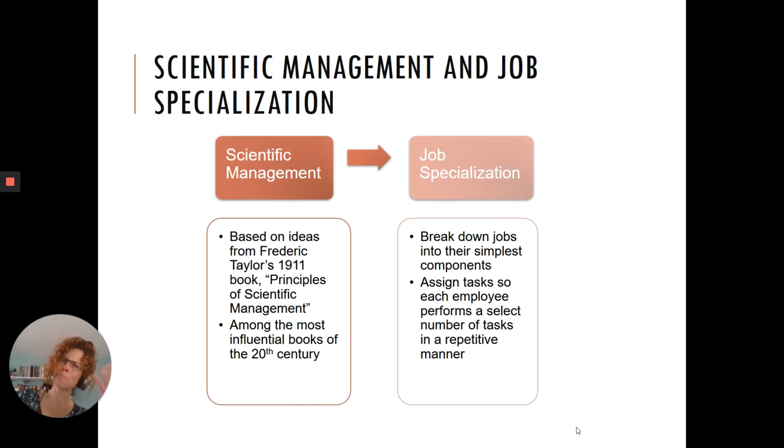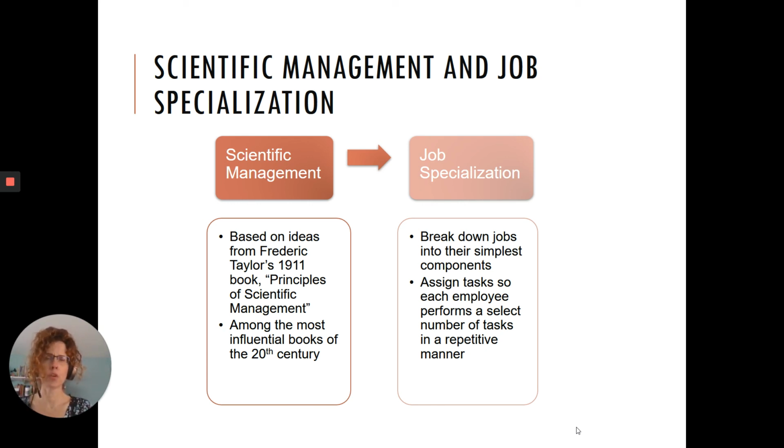So let's do a little walk back in history to something called scientific management. This is around the turn of the last century, a guy named Frederick Taylor. The basic ideas behind scientific management were pretty simple, and you see them in the slide here.